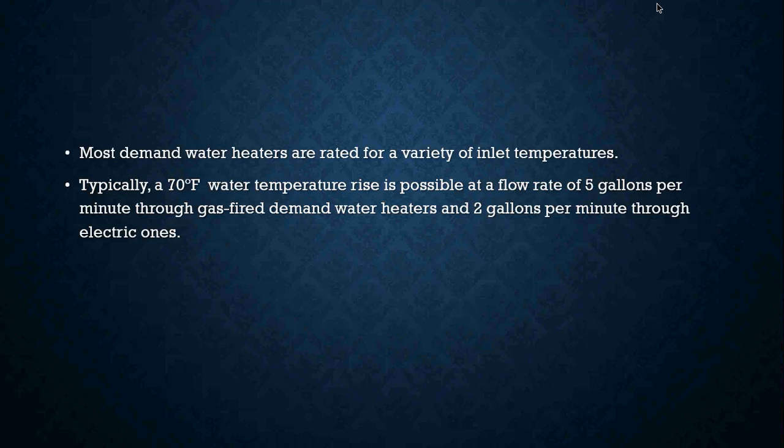Now with a natural gas or even an oil-fired water heater, I'm dumping 140,000 BTUs into that heater once my burner turns on. I can heat up my water a lot faster. So my flow rates and my gallons per hour, gallons per minute, are going to vary based on the type of water heater that I'm installing.